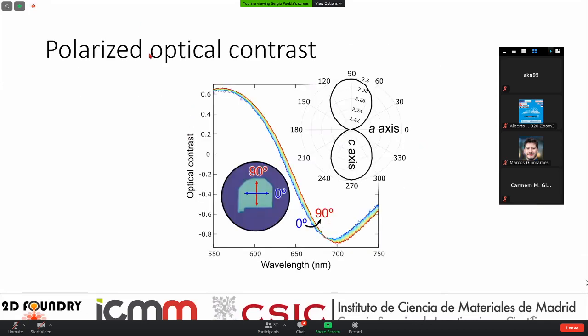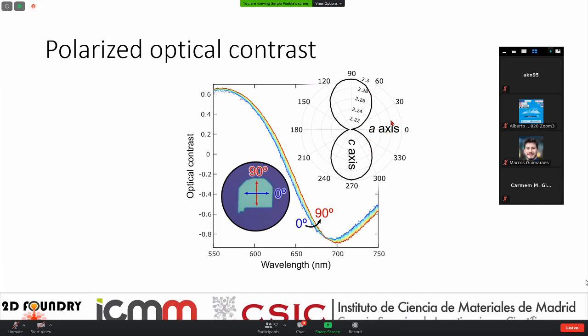But apart from it, you can use a simple optical microscope with polarized light as well. And you can rotate this linear polarized light along the 360 degrees. And you can see a shift on the wavelength if you rotate this angle. Here is plotted with the stratigraphic plot.